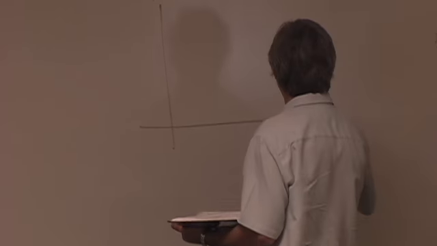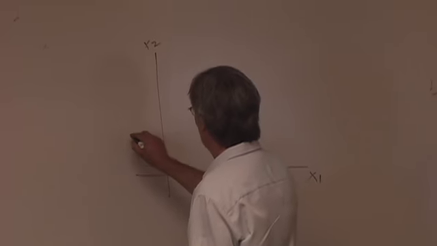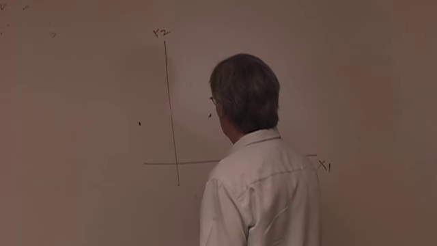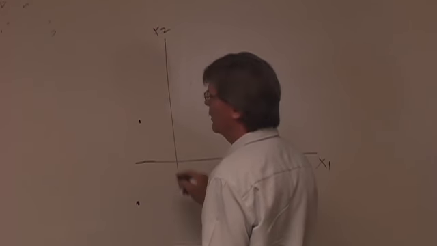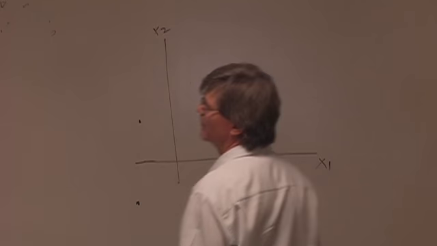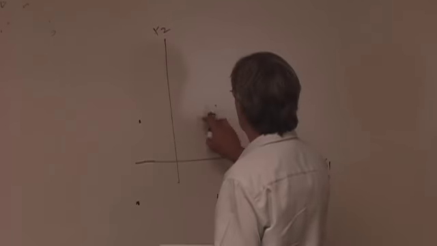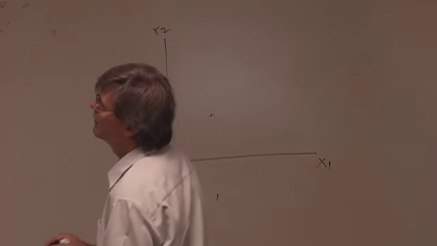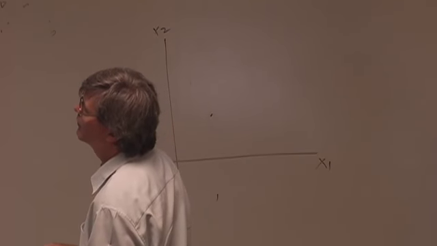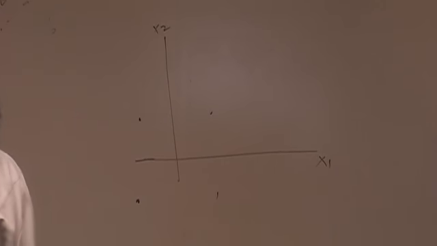So they had x1 and x2, and they took these 4 points: 1, minus 1, 1, minus 1, minus 1, 1, minus 1, minus 1, 1, and 1, 1. Those are the 4 points of the square.